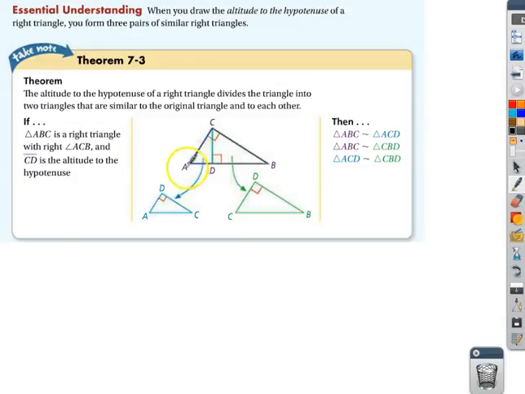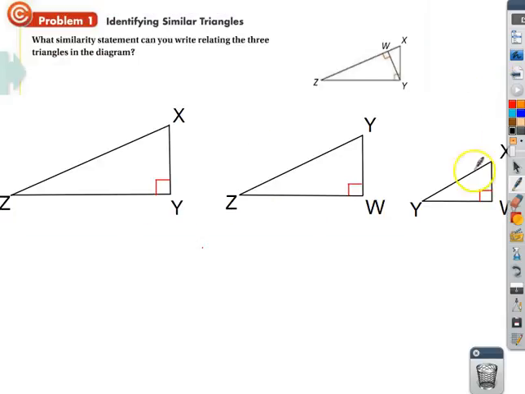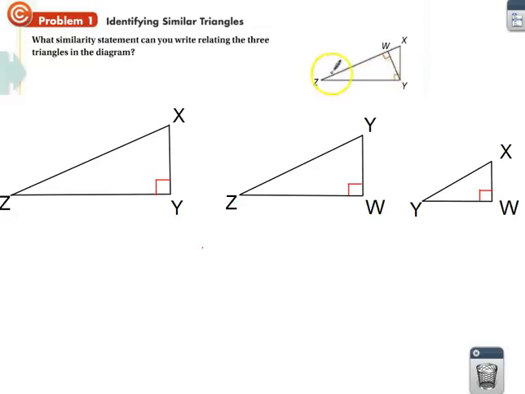There's the big triangle, triangle ACB, and then there's the small triangle on the left, ACD, and then there's the bigger triangle on the right, but not the biggest triangle, CDB. You see the 3 triangles? So what I'm going to do in this next slide is take this triangle that has an altitude drawn to the hypotenuse, and write out all 3 triangles that were made.